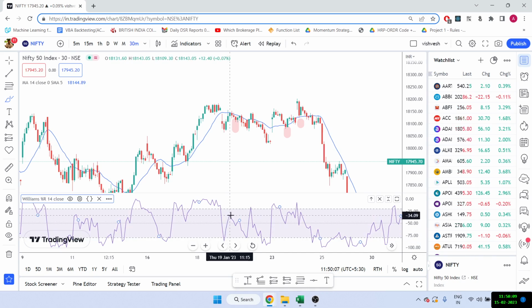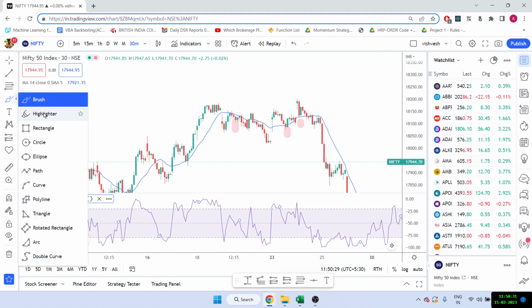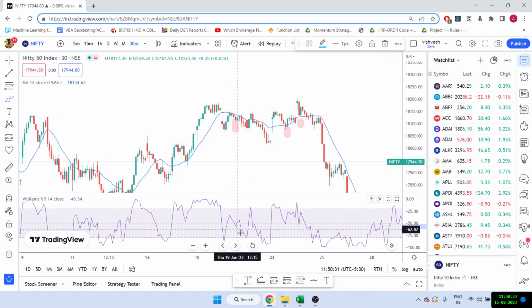That means there is a pullback and it has gone above -50. So now we can say that yes, it has taken the pullback. Now we want to take the entry, but at a very perfect time. So the entry will come as soon as we get Williams percentage R below -50 again.